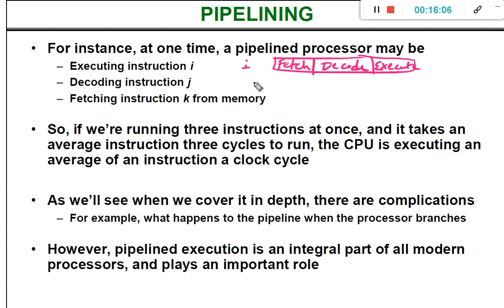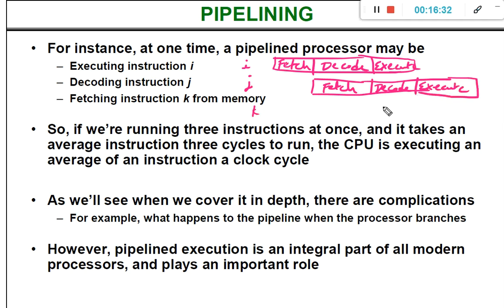Similarly, instruction J started after the fetch cycle of instruction I. Instruction J also requires a fetch phase, decode phase and execute phase. Next, instruction K. Assume that instruction K started after the fetch phase of instruction J. Then it needs a fetch phase, decode phase and execute phase.